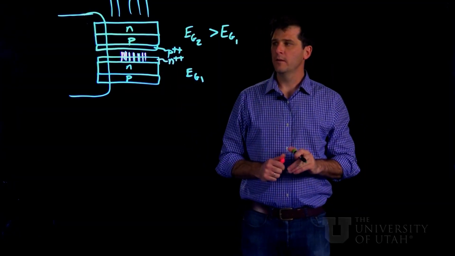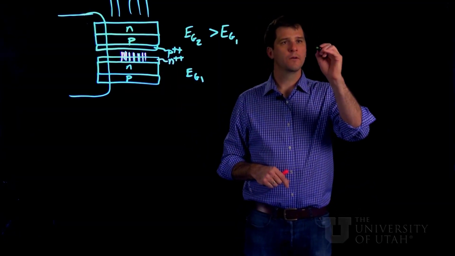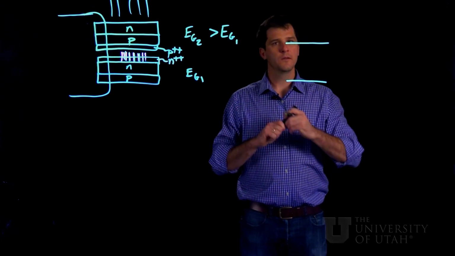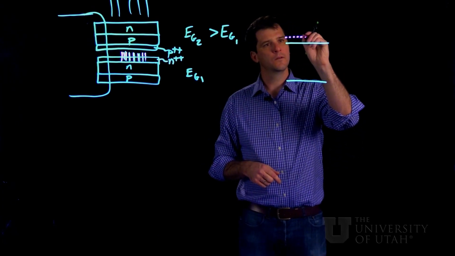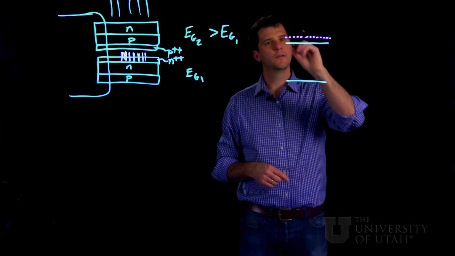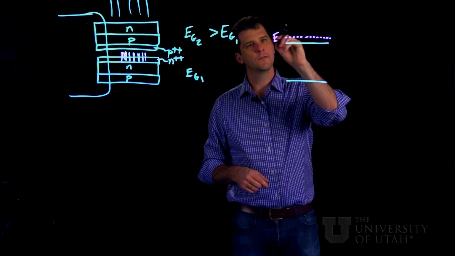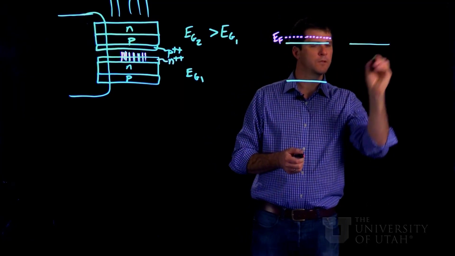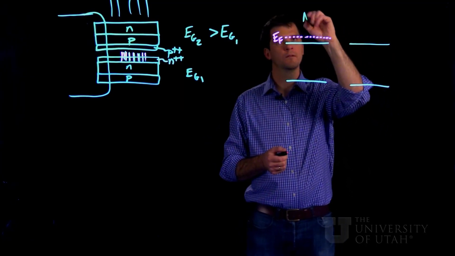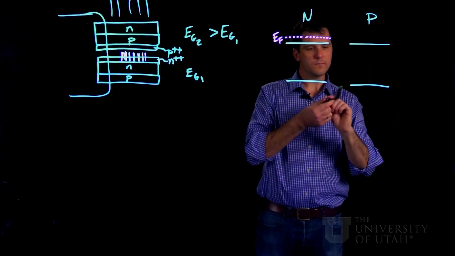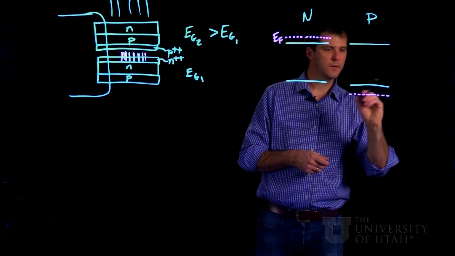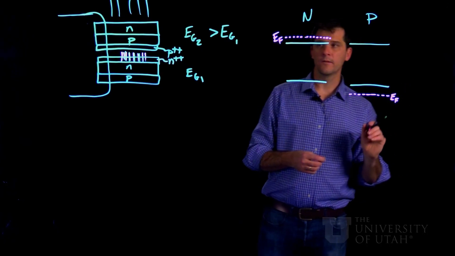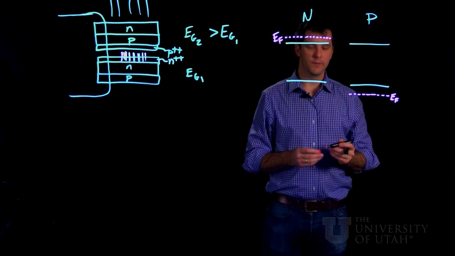So this double subscript here, I'm taking to mean that we've actually doped the n-type side so high that the Fermi level is actually above the conduction band. And similarly, on the p-type side, we've doped it so high that the Fermi level is below the valence band.